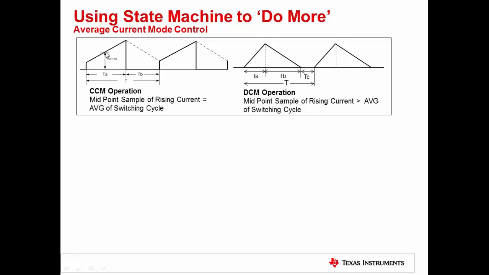And in this mode, the midpoint represents the average current in the power converter. However, in DCM mode operation, the same midpoint overestimates the average current in the switching cycle. So, how do we sense and obtain a more accurate average current representation in the DCM mode? That's the problem we're trying to solve.